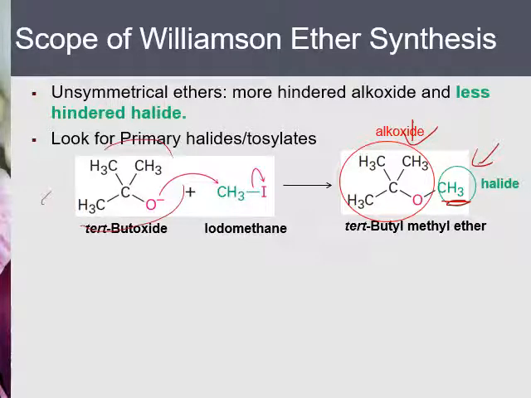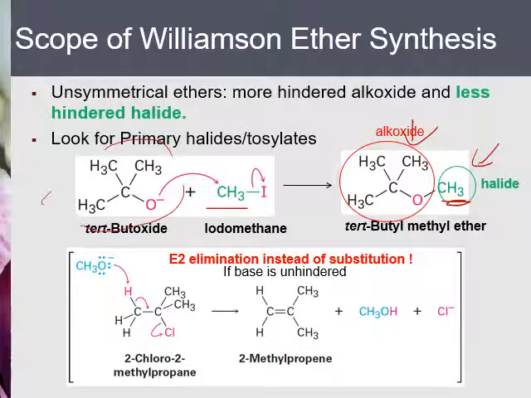Only in this way can the SN2 reaction take place. If you choose the opposite, where the larger side comes from the alkyl halide, which is tertiary, then instead of an SN2 reaction, it goes to E2 elimination, and a double bond is formed instead of an ether.